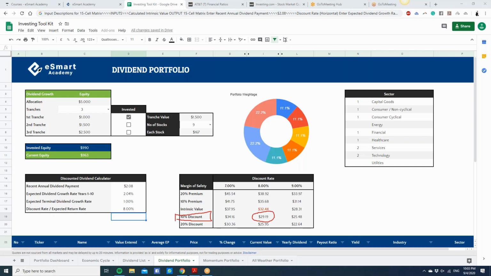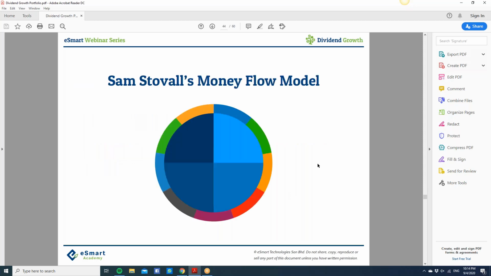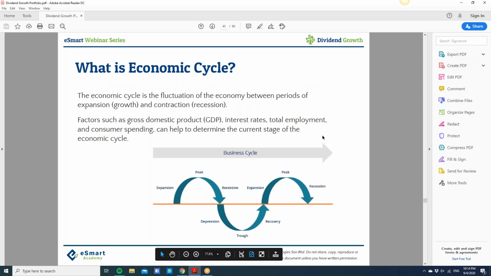This calculator has been built into the tool for you as well. When I talk about allocation between markets, I'm referring to this model here, Stan Weinstein's money flow model. I gave you a teaser last week. This is the model that talks about how we are in a world where the economy tends to have a cycle.